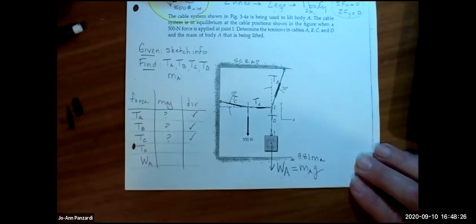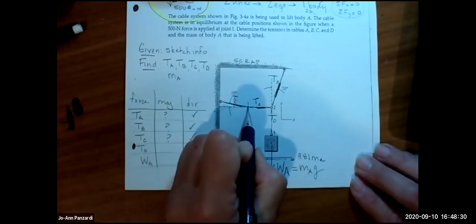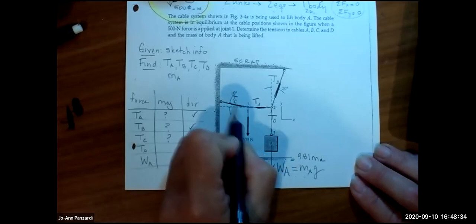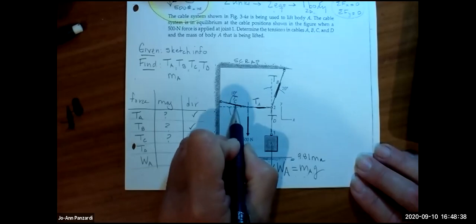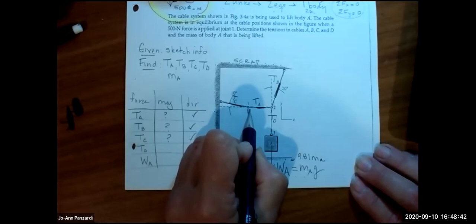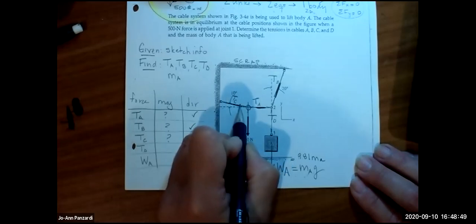Liam, if I was analyzing point 1, what direction would I draw TC in? Towards 1 or away from 1? If I was drawing a free body diagram of point 1, my TC would be drawn away from point 1, because tension is always drawn away.